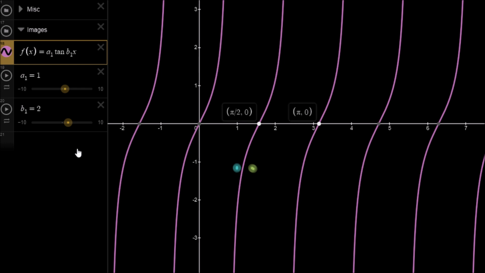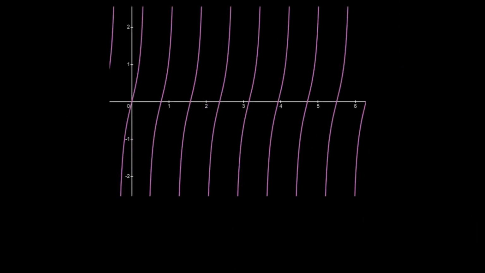So let's look at a little example of using the amplitude and period for the tan function. I have drawn out a tangent function here, and we have to work out what the period of this function is. Now we know the period is when the function repeats.